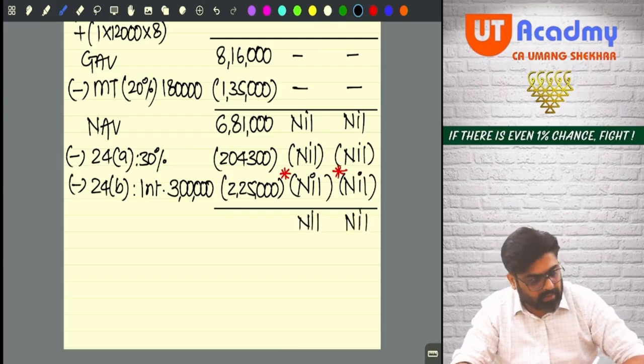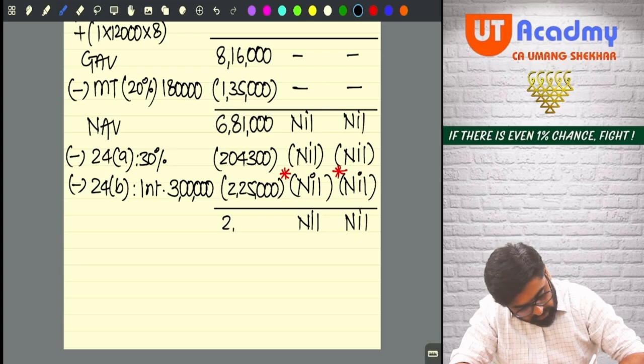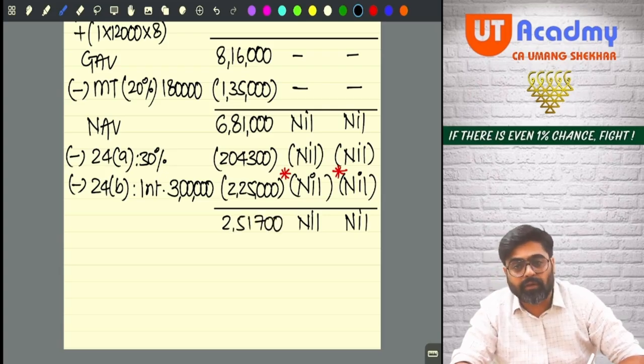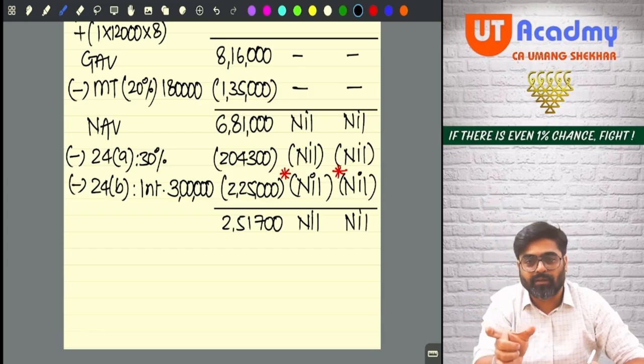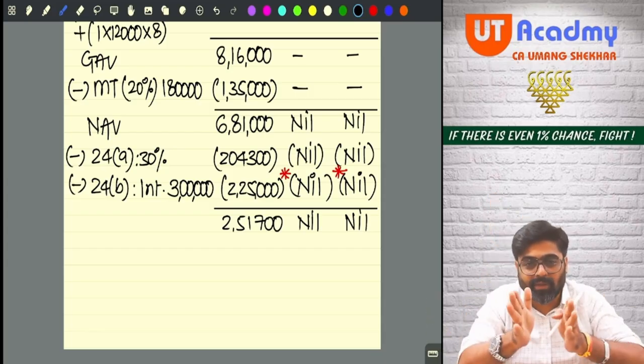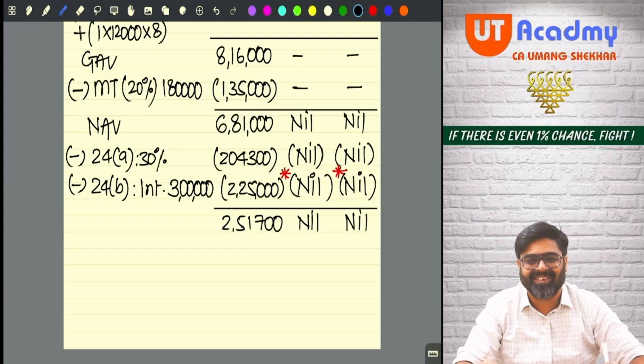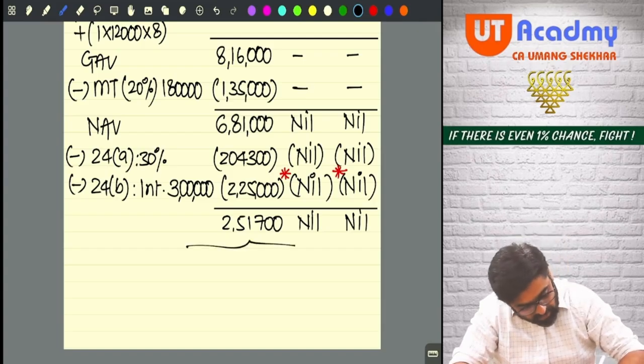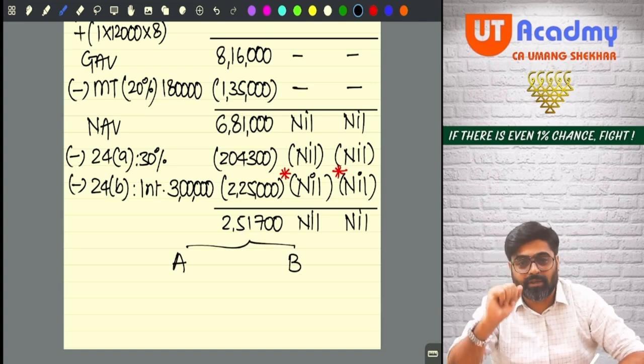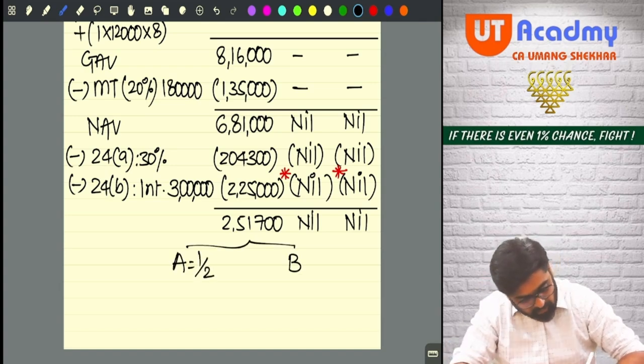And what will be the final income? Here it will be 2,51,700. Everyone getting this? Now this 2,51,700 is from let out portion owned by both the brothers. And now this will be divided into Arun and Bimal in their ownership ratio, which was half equal.